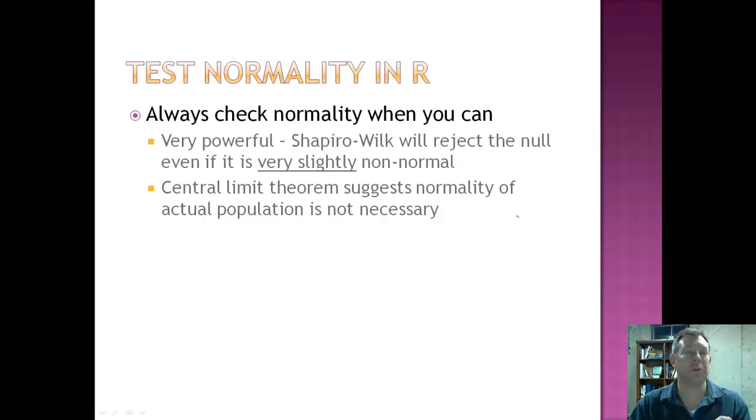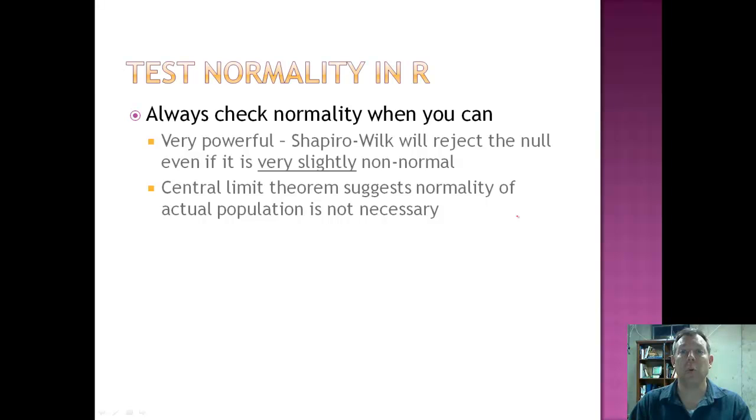So any sample you take will belong to that normal distribution, and it will also belong to the population of interest. So you can be confident that your sample actually does come from a normal population based upon the central limit theorem. And so if Shapiro-Wilk rejects the null and tells us that we don't have normality, again, it's not a deal breaker, but it is nice to know, and it is going to influence our decision-making process.